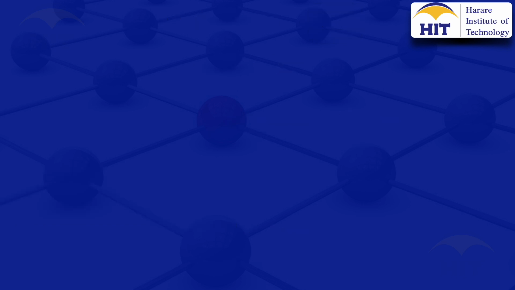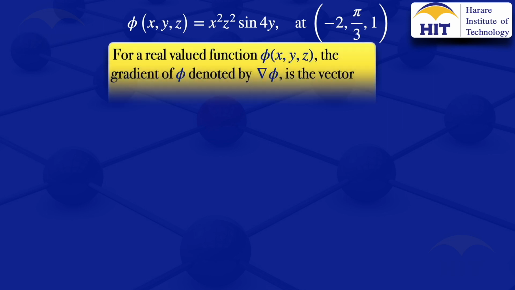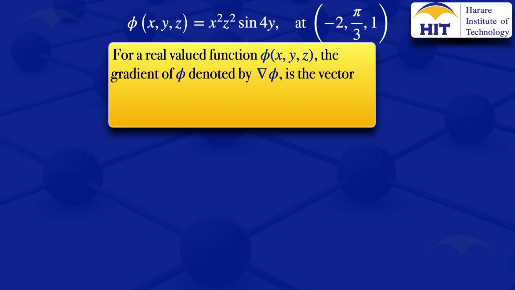I now move on to the next question, the one where we're having phi of xyz is equals to x squared multiplied by z squared multiplied by sine of 4y at the point minus 2, pi over 3, 1. The function that we are given here has three variables. So our grad phi is the one that would have three components. So we'd have our grad phi is equals to the partial derivative of phi with respect to x i plus the partial derivative of phi with respect to y j plus the partial derivative of phi with respect to z k.